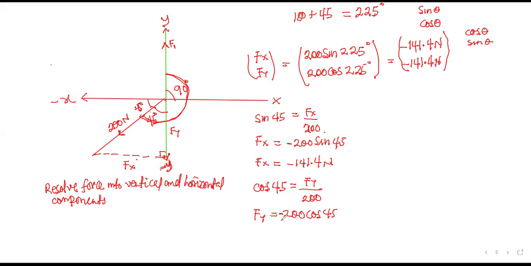Class, are you following me? Same. So we still have negative 100 times root 2. Root 2 is 1.414, so the value is still the same, minus 141.4 Newton. So whichever way you want to look at it, the value is still the same.